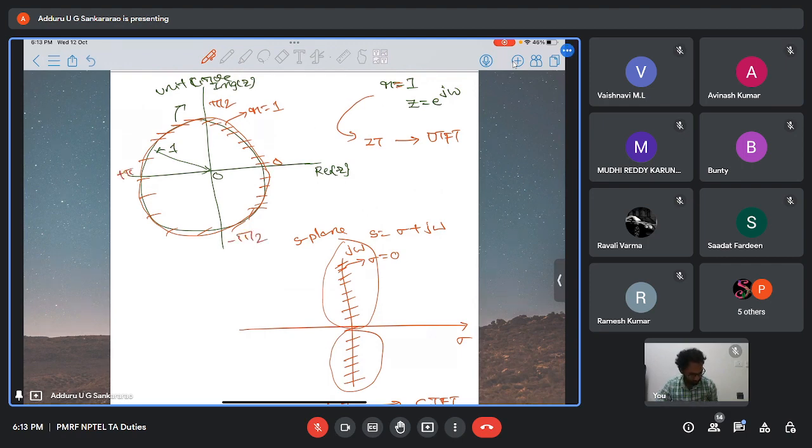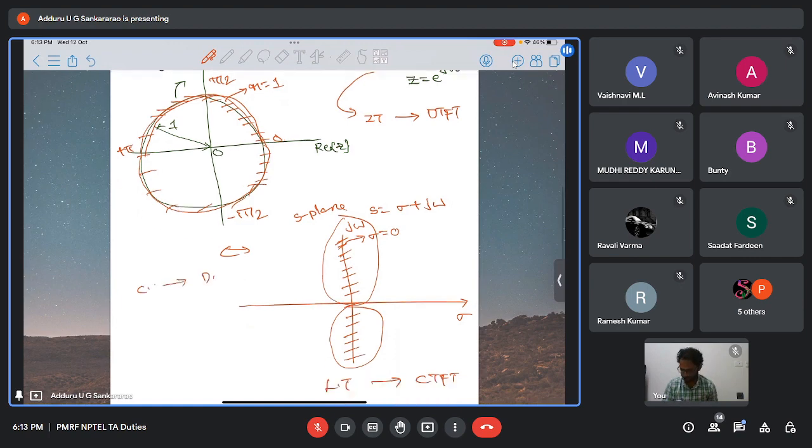So from this imaginary axis, 0 to plus infinity is nothing but the unit circle 0 to pi, discrete to continuous. So this relation is required when we are translating continuous signals to discrete signals.